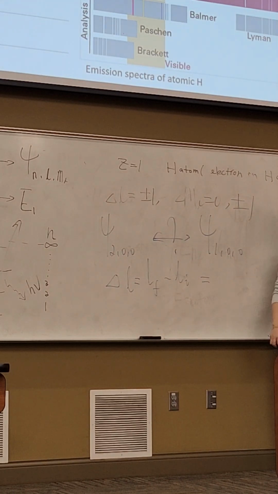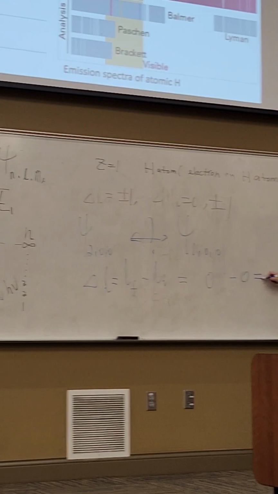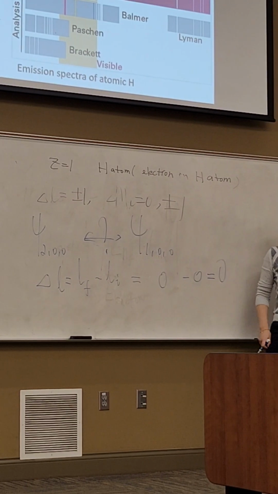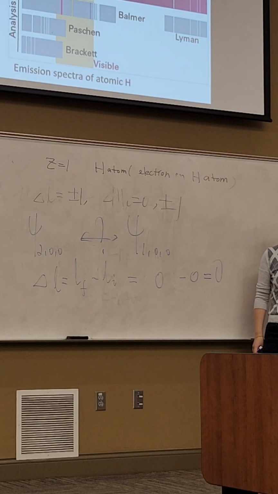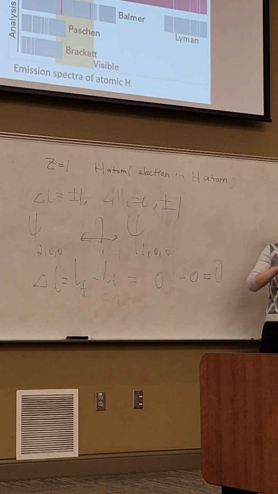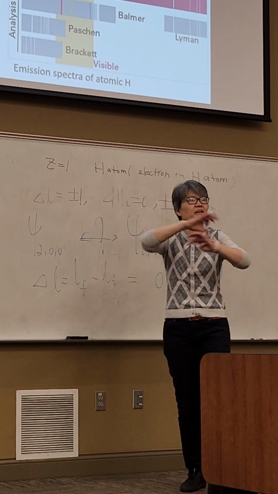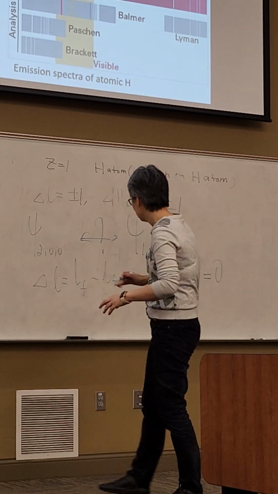What is the l value for the initial state? 0. What about the final state? 0. Now, what is the delta l? 0. Do you think that transition is allowed? Yes or no? That won't happen. Although it goes from higher to lower energy, it will not happen. You're not going to observe any light emitted from this.